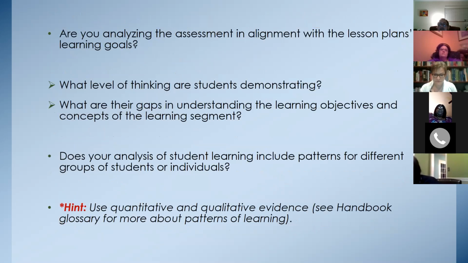Are you analyzing the assessment in alignment with the lesson plans and learning goals? Again, that issue of alignment, we saw it in the rubrics, you see it again here. What level of thinking are students demonstrating? The highest level of thinking, of course, is critical thinking.